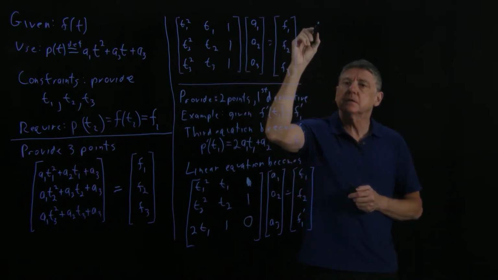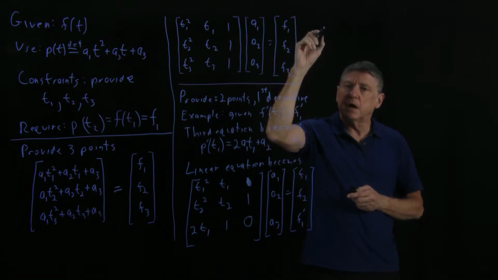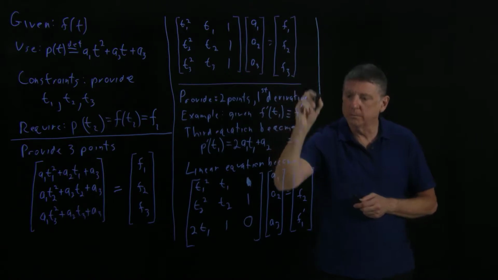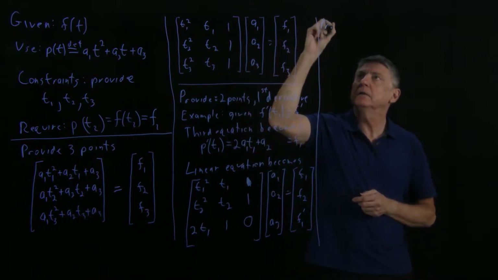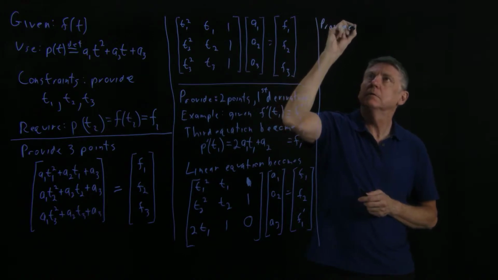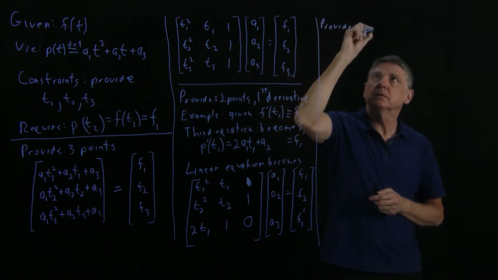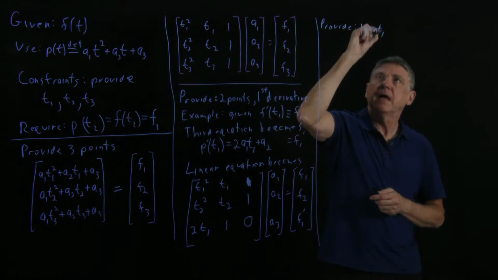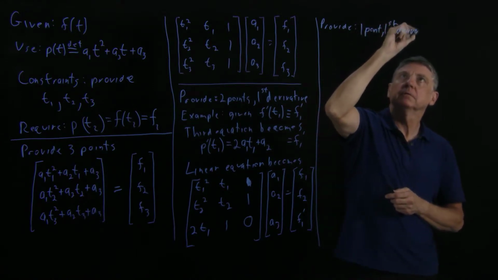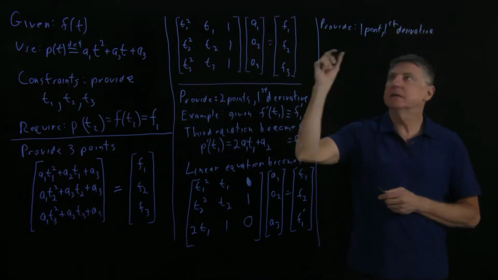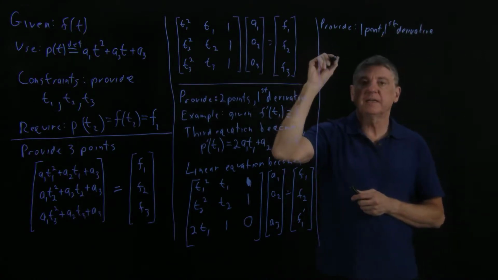The next thing that I could do is I could provide 1 point and a first derivative, and then I could also provide a second derivative.